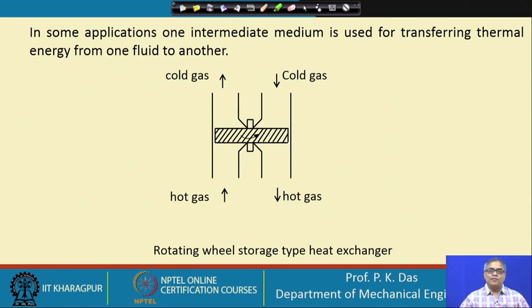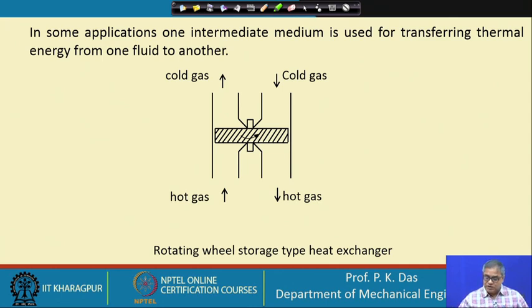Obviously, this will save fuel and help us recover a certain amount of heat which we could have dumped to the atmosphere or wasted. That is the advantage, and obviously it gives us protection of the environment. So, this is called a rotating wheel type storage heat exchanger. This is another variation.